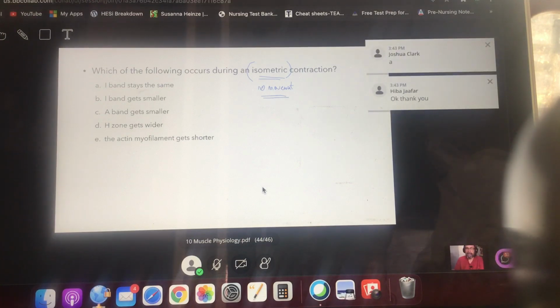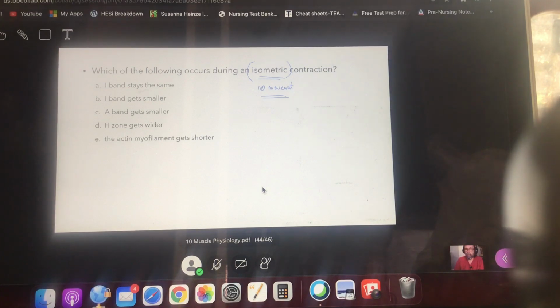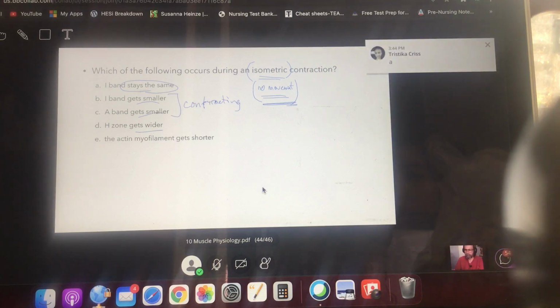Okay, and I want to kind of help you narrow this down. Because it's no movement, something's staying the same. Nothing's getting smaller. Nothing's getting wider. Things only get smaller when a muscle is actually contracting. And during an isometric contraction, it's sustained, it's held.